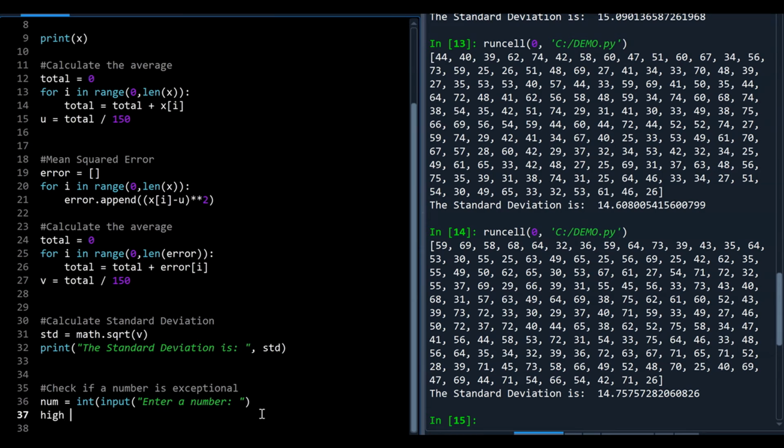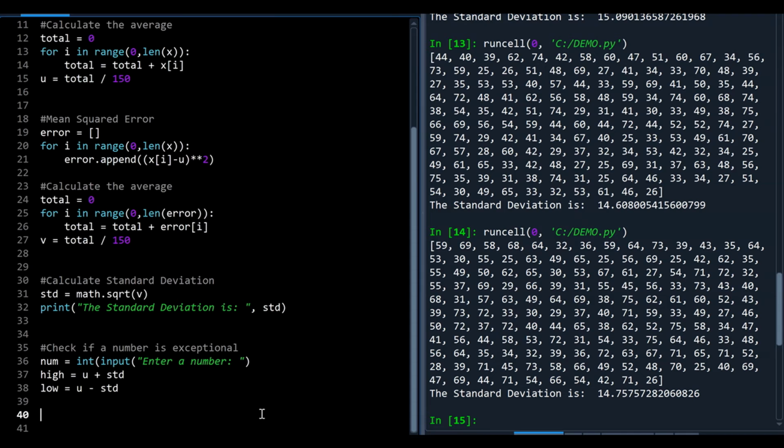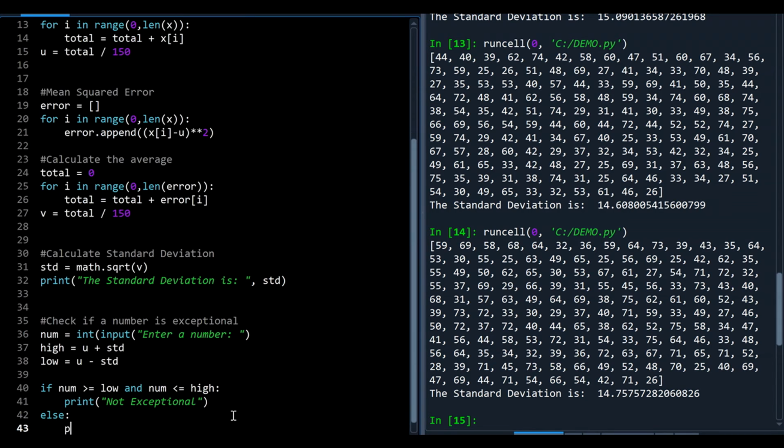So you have your high range, and your low range would be the average minus the standard deviation. And I just have to check if my num is greater than or equal to low and my num is less than or equal to high. Okay. So that means it's inside my range, which means it's not exceptional. And otherwise, it is exceptional.